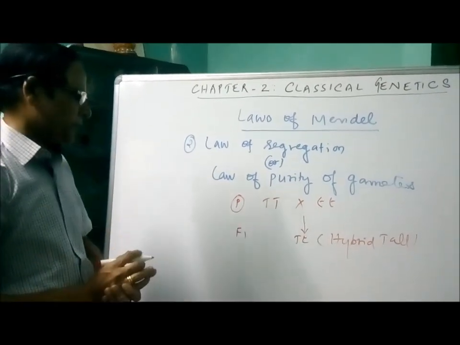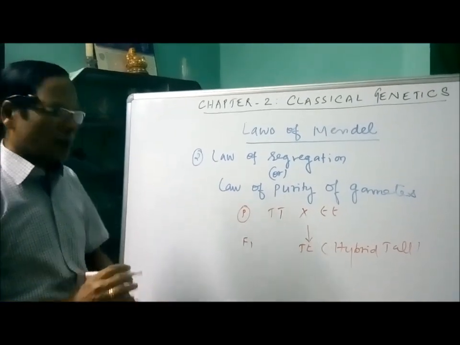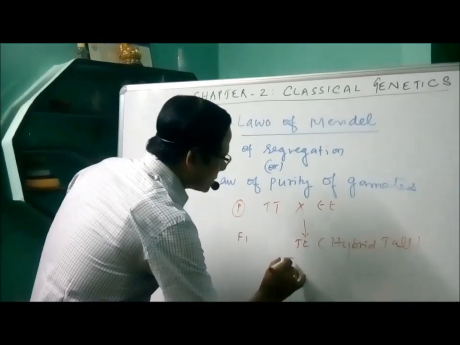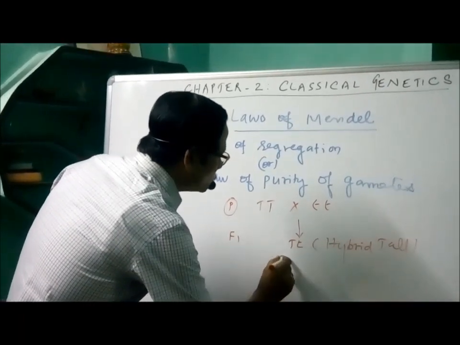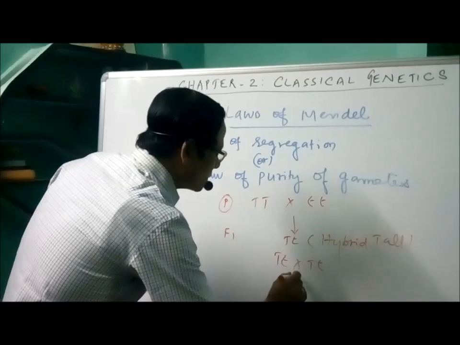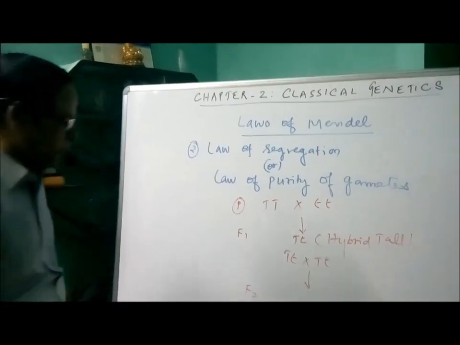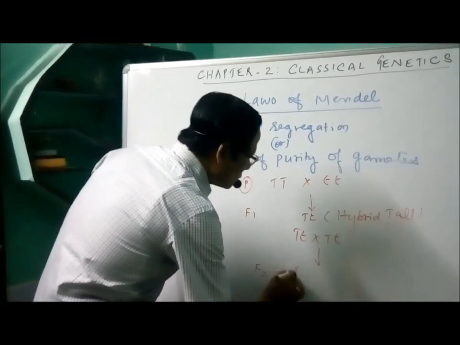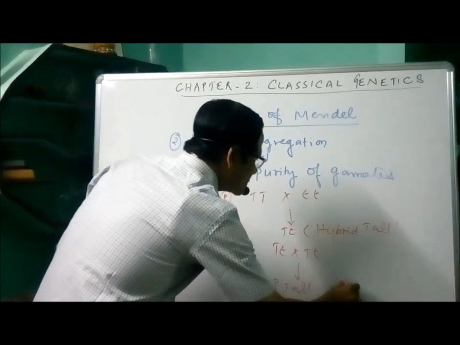Now, in the F1 generation, we are getting hybrid tall. When two hybrid talls are crossed, we get the F2 generation in the ratio of 3 tall and 1 dwarf.